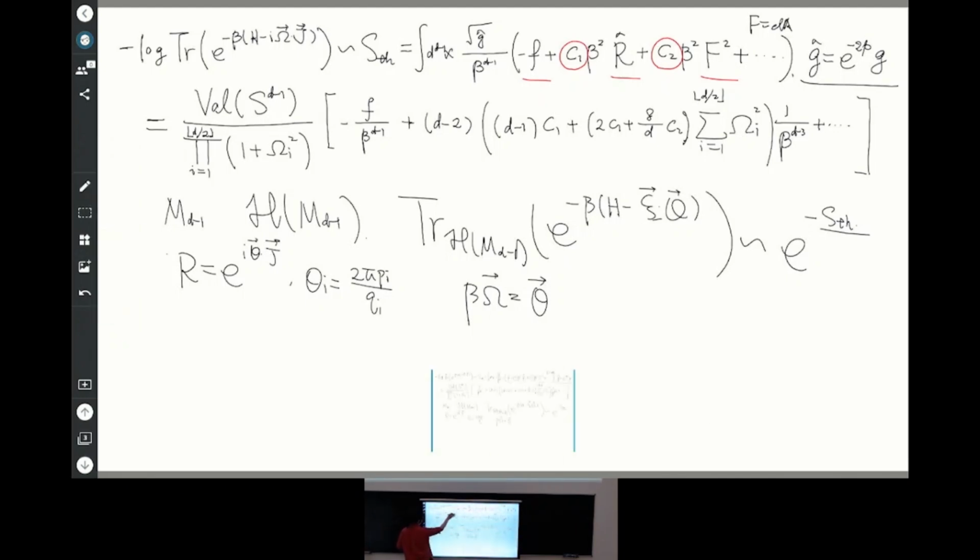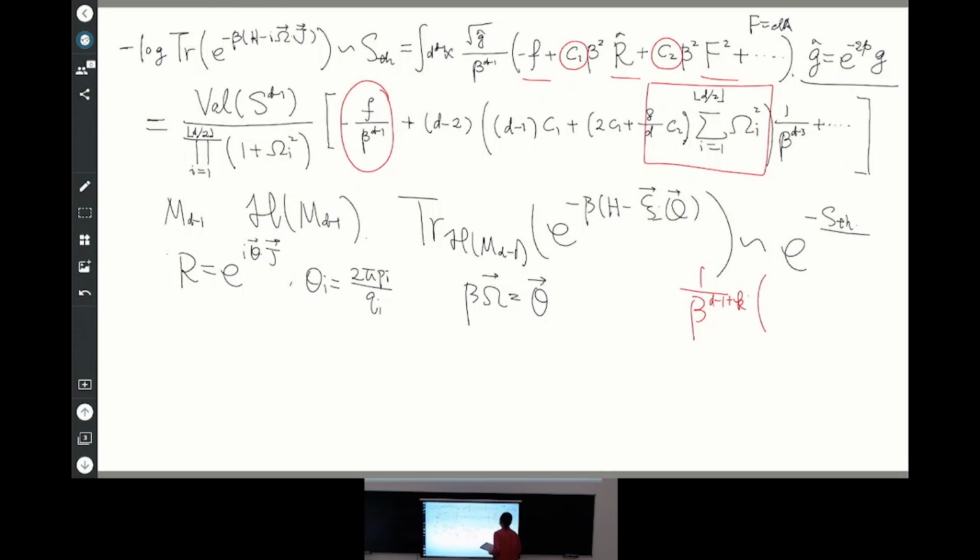If we look at the expression of the thermal effective action here, we notice that if omega is of order 1 over beta, then the last term I wrote down here would be as important as the first term. Due to the size limit of this whiteboard, I can only write down the first few terms, but if you go to higher and higher order, you will see that every beta to the power d minus 1 plus k is always multiplied with omega to the power k.